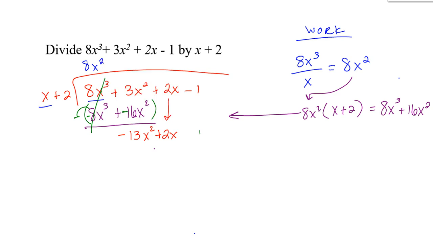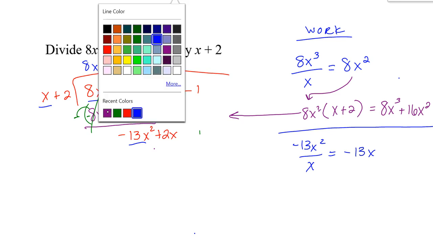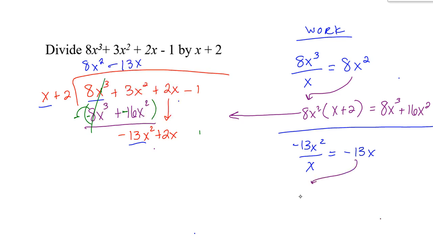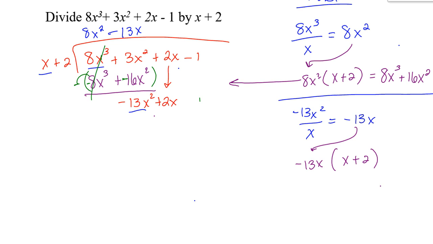Okay, out here to the side, I'm going to take the first term, negative 13x squared, divide it by that first term on the outside. That's negative 13x. Okay, that gets written up above. Now we've got to multiply that by the divisor. That's negative 13x squared minus 26x.